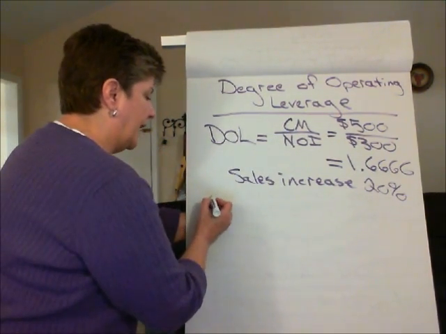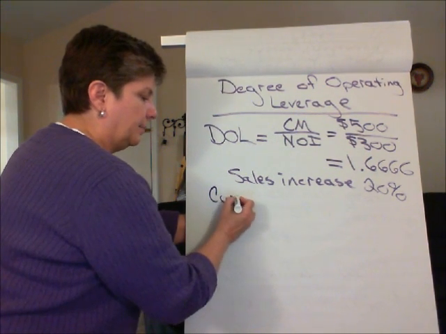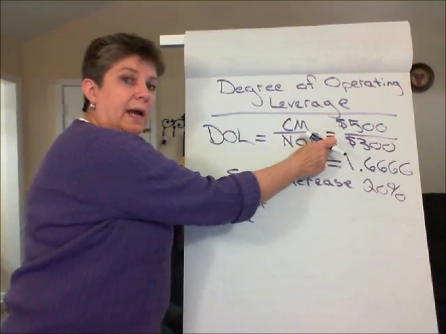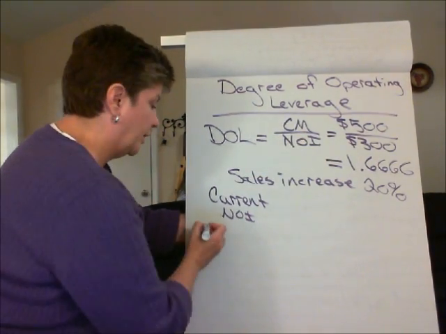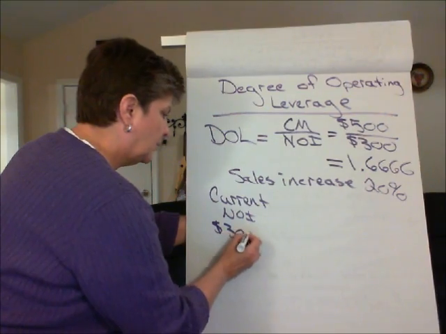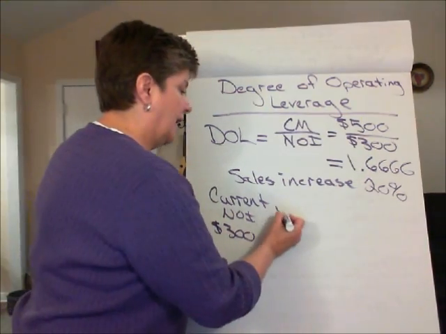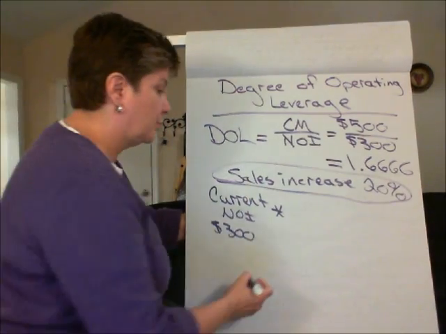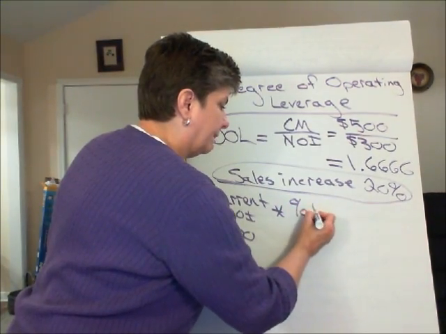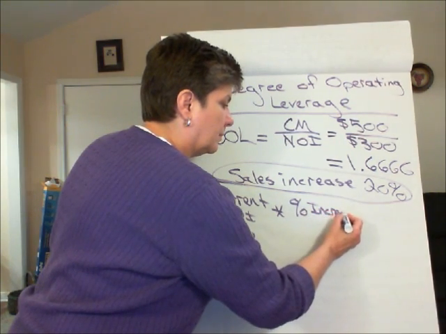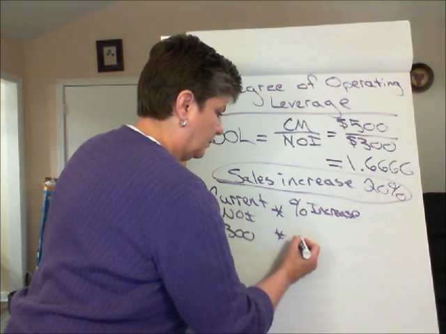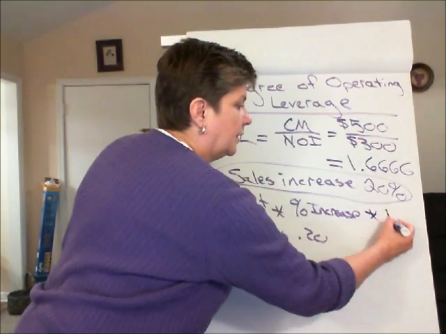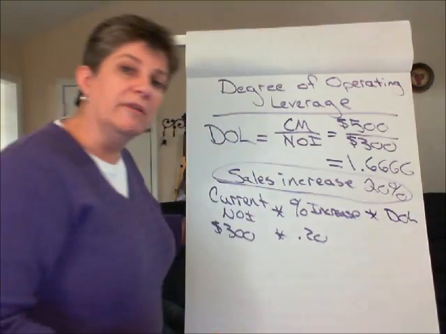Well, to calculate that, we take the current net income, which we've already got right up here in our DOL calculation, that's $300. And we multiply that times the percentage sales increase, which we just assumed was 20%. And then we multiply that times the degree of operating leverage.